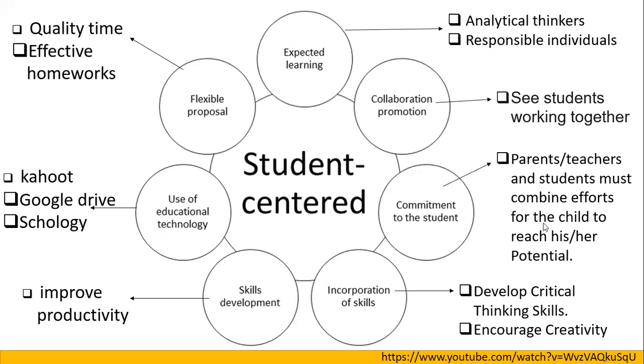They can learn to work together because some students work alone. So the teacher can help them work together because they all have different abilities and they can combine those abilities to do a very good homework, for example.